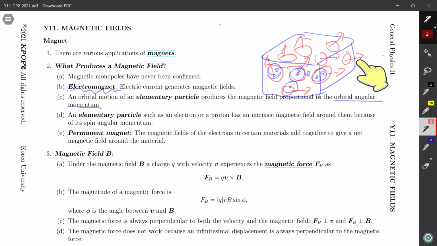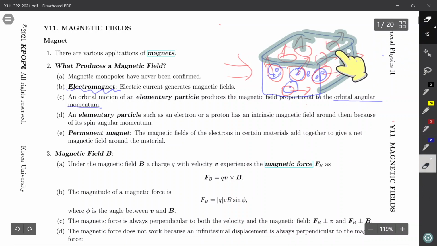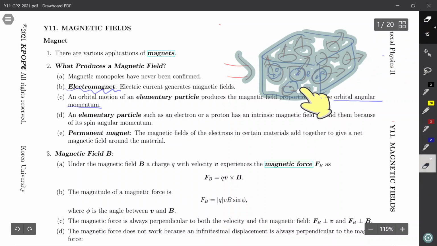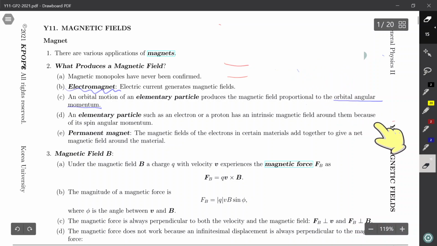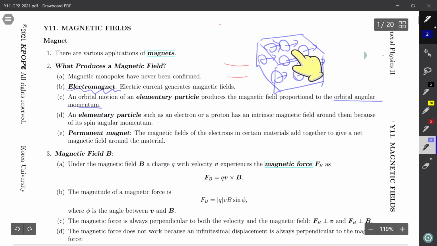But once an external magnetic field is applied, many of them, not all of them, are magnetized so that their magnetic dipoles are aligned.